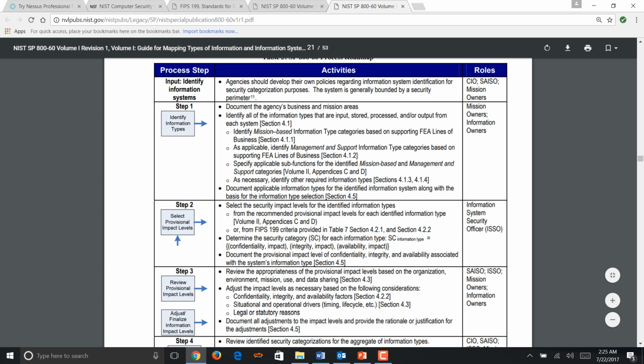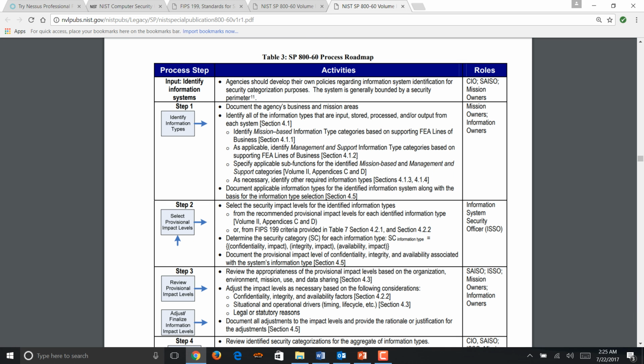It says select the security impact level for the identified information type from the recommended potential impact level for each identified information type, that is Volume 2 Appendix C and D, or from the FIPS 199 criteria provided in Table 7 below. Now, determine the security category for each information type. Document the provisional impact level of the confidentiality, integrity, and availability associated with these information types.